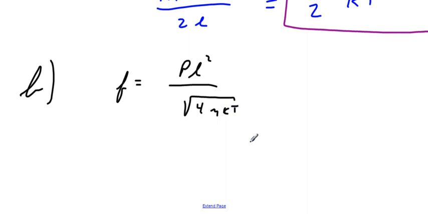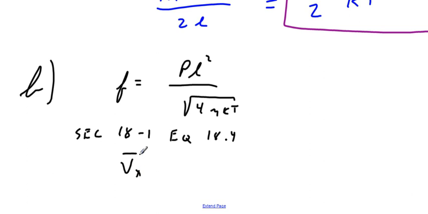And so now we go and we say, well, in section 18.1, we have equation 18.4, and we know that Vx bar average is about the square root of V bar, the RMS speed.